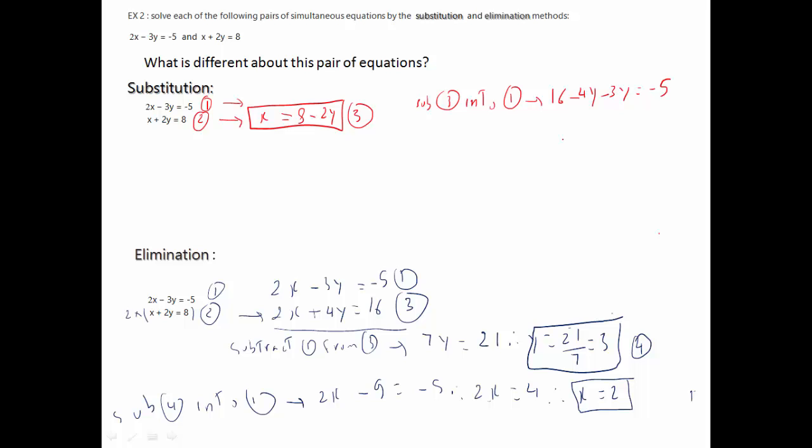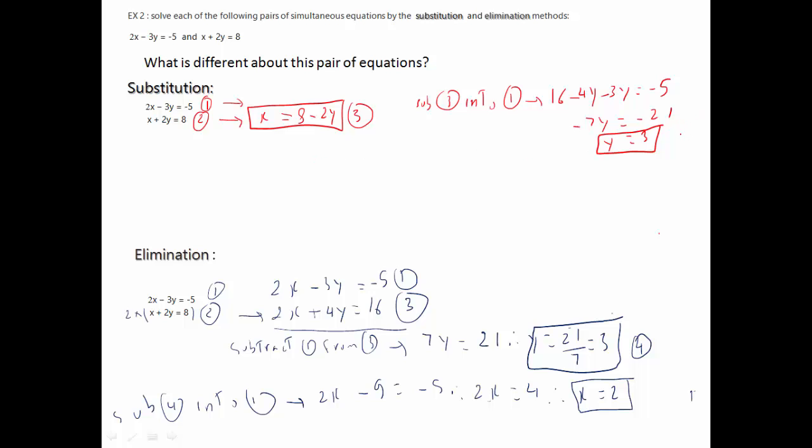Now minus 4y minus 3y is minus 7y, and if we take the 16 to the other side, that becomes minus 7y equals minus 21. So y equals minus 21 over minus 7, which is the same as 21 over 7, which is 3.